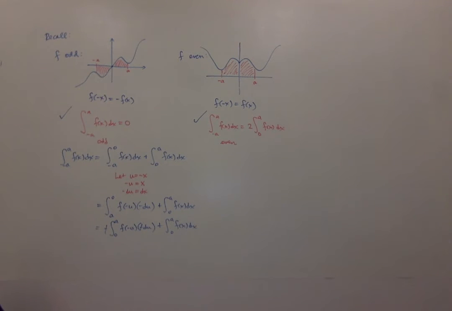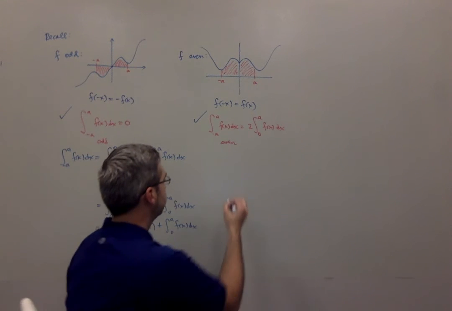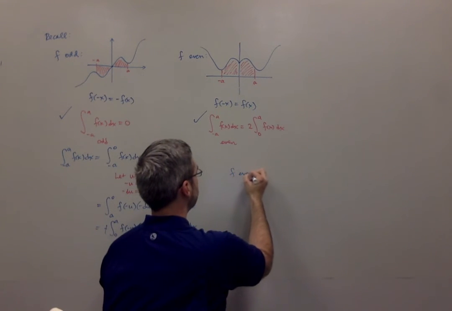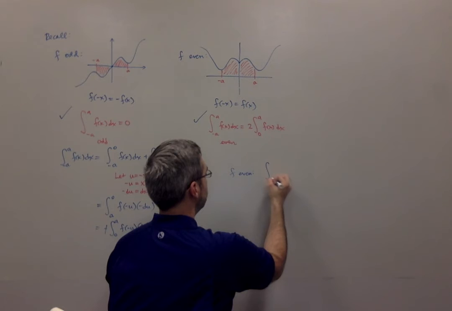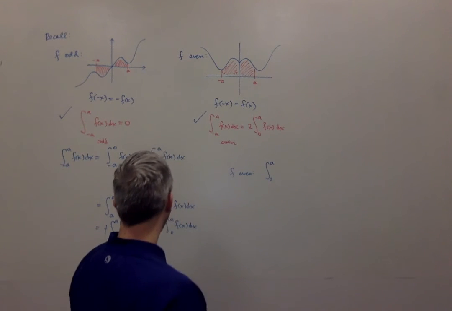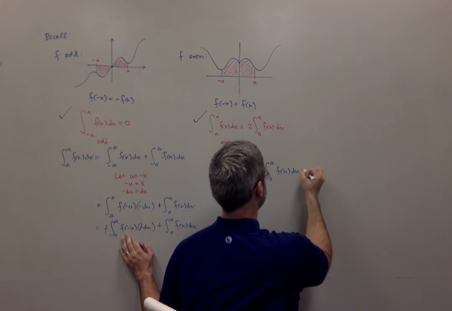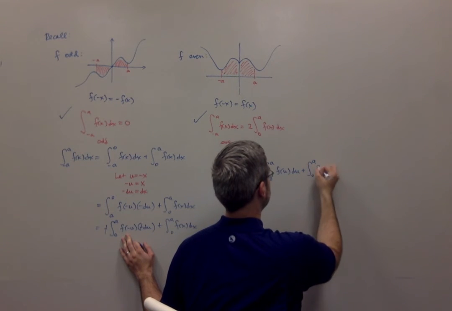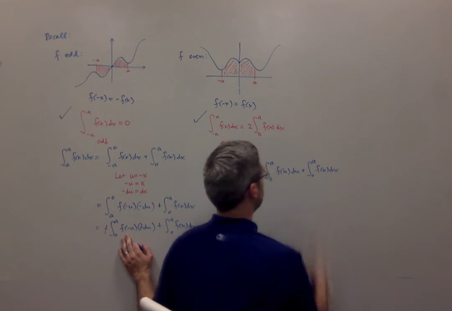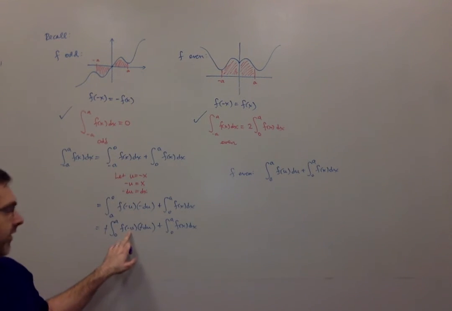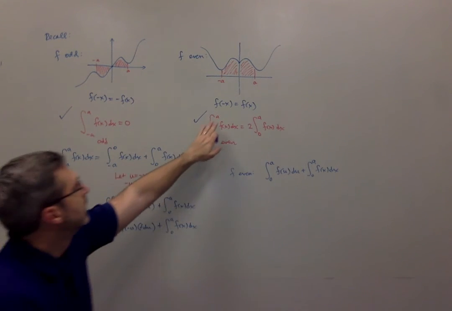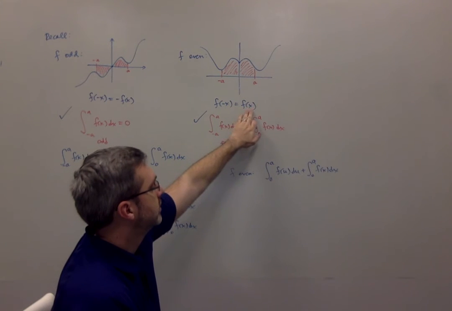So if we're talking about an even function, so if f is even, then if we're going from 0 to a, f of negative u is just f of u.